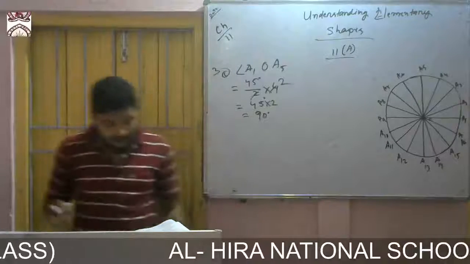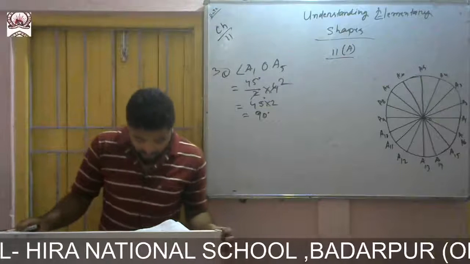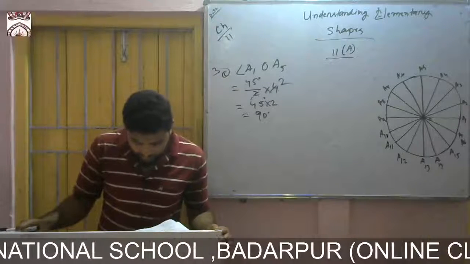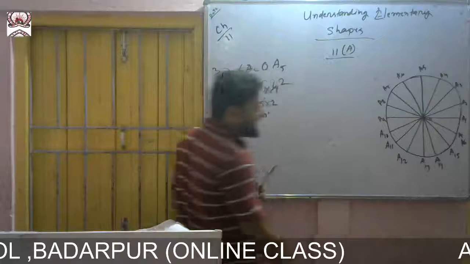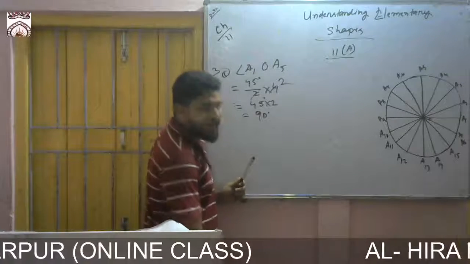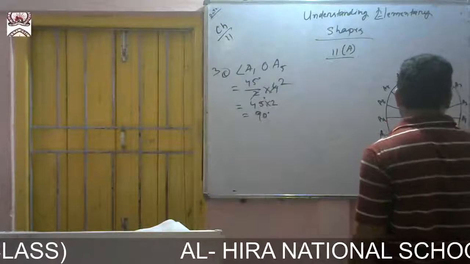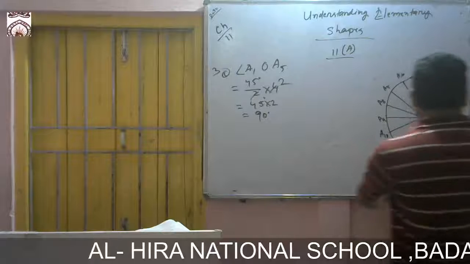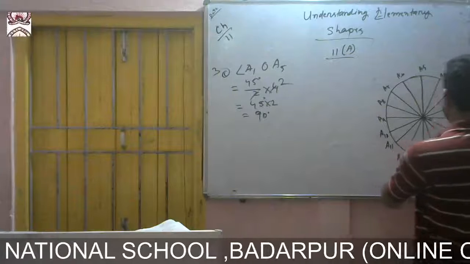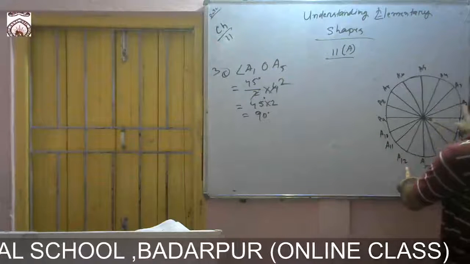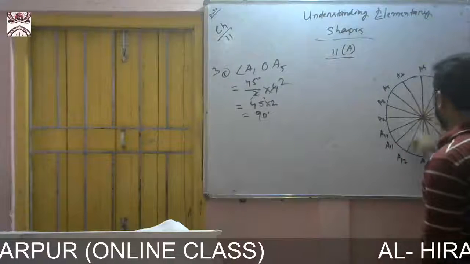Now come to question number D. How many times is the angle A1OA12 of A1OA2? That means these all parts are equal.